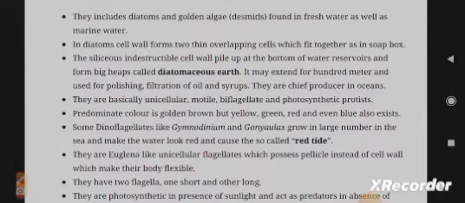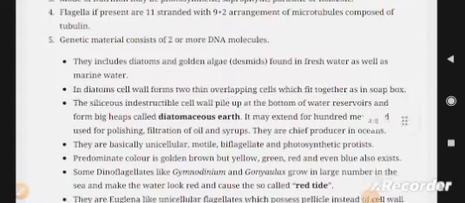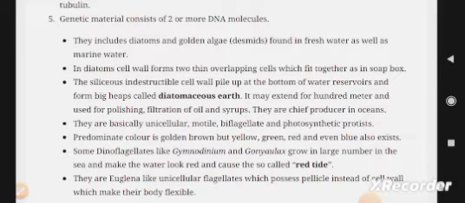Chrysophytes include diatoms and golden algae, which are found in fresh water as well as marine water.